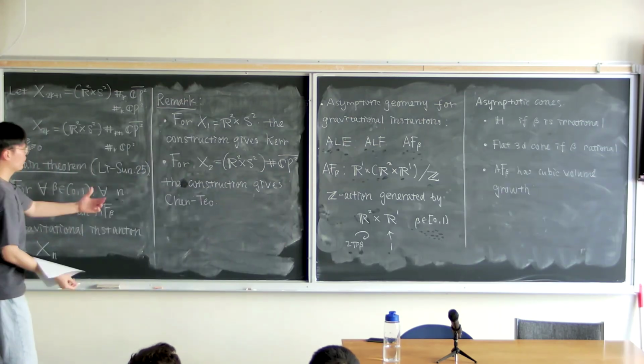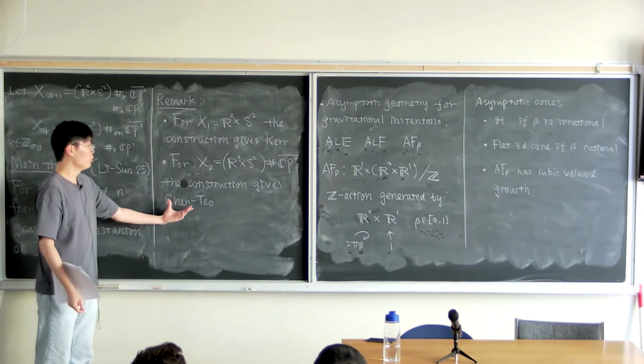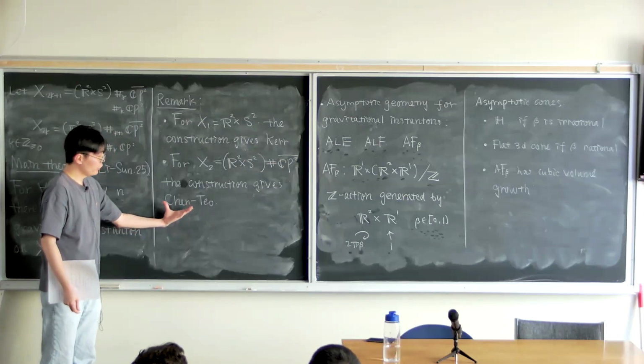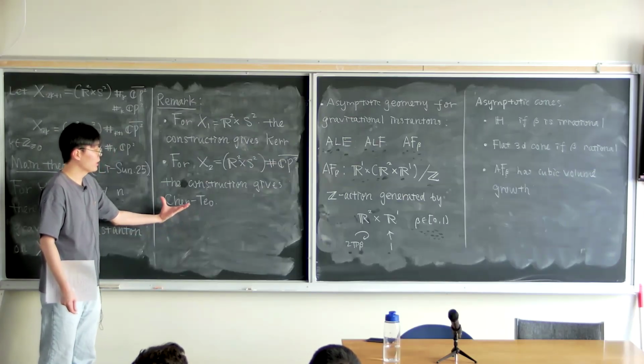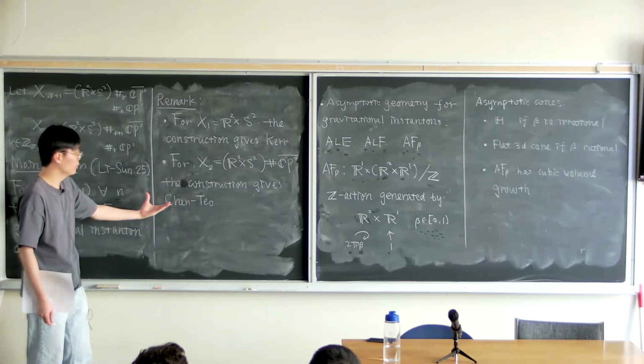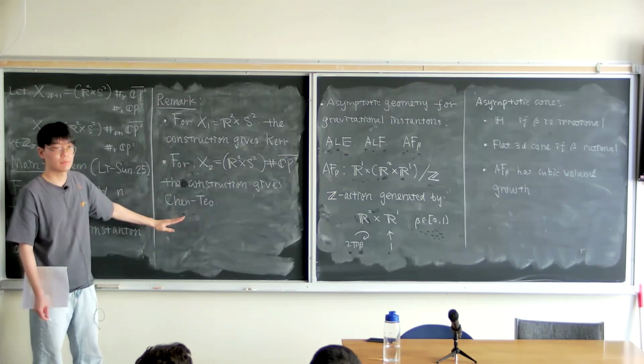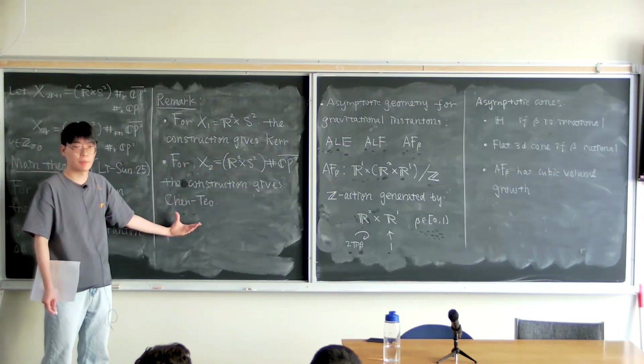I'm not going to explain what this Chen-Teo metric is. These two people, two physicists, used an integrable system to write down an implicit metric, a gravitational instanton on this topology, in 2010, and that's the so-called Chen-Teo metric. I'm not going to write down the formula, but you have an explicit formula for that.